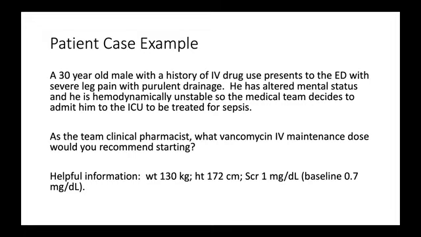So this patient has a lot of potential variables that could shape his vancomycin dosing. He's a young male, so they tend to naturally eliminate vancomycin quickly. He's an IV drug user, so we know IV drug use is associated with increased metabolism of vancomycin.